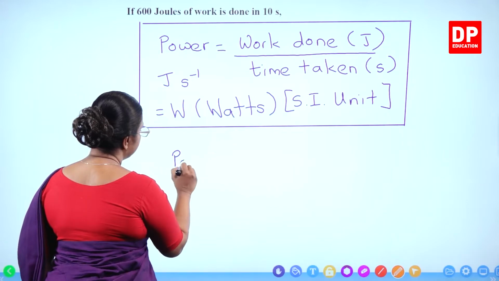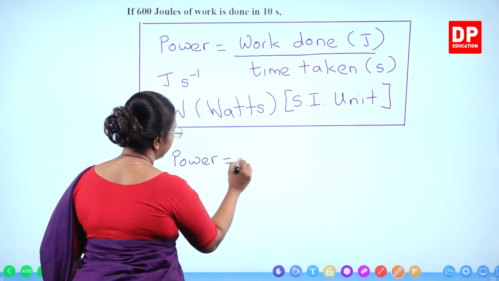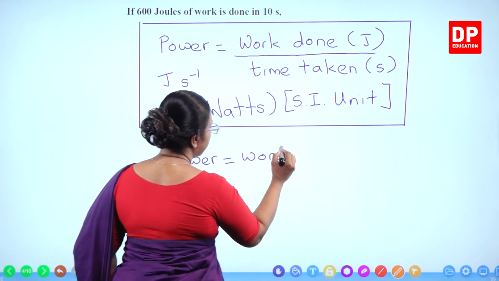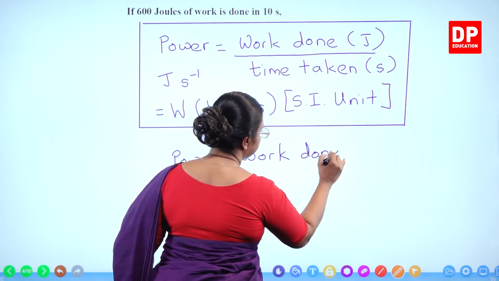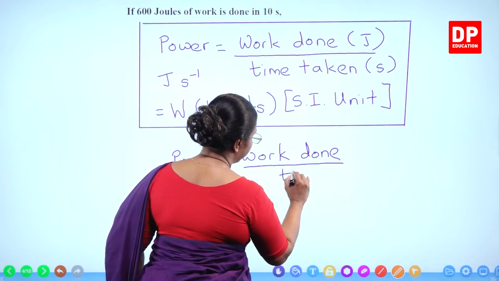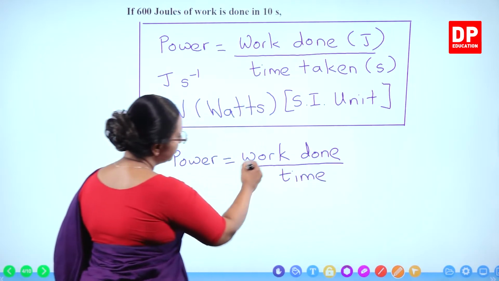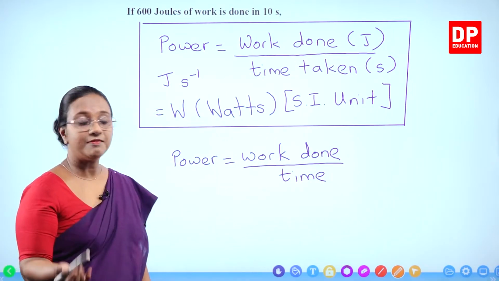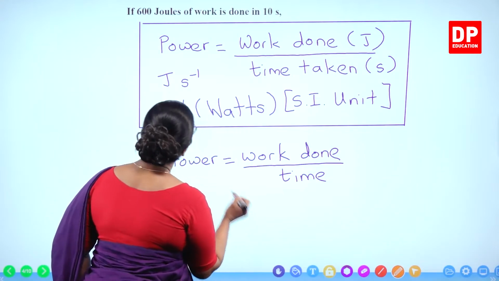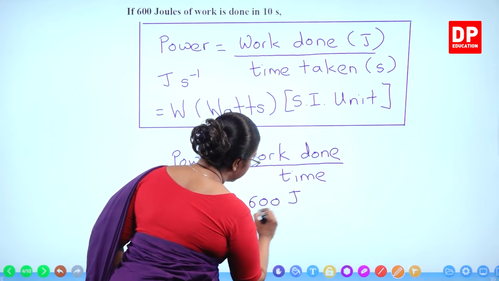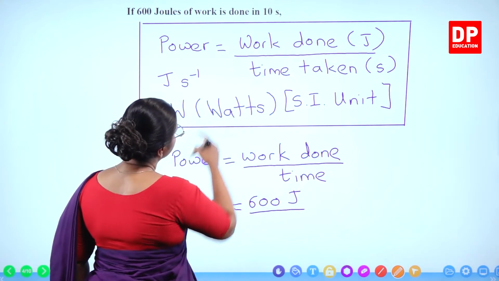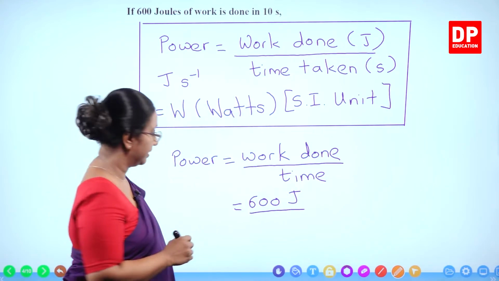So there, power equals work done divided by time. When you write the equation, students, you can even write work divided by time. So that is going to be 600 joules of work in how many seconds? 10 seconds.